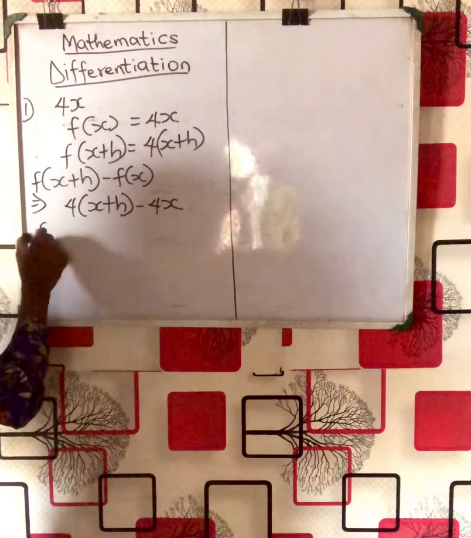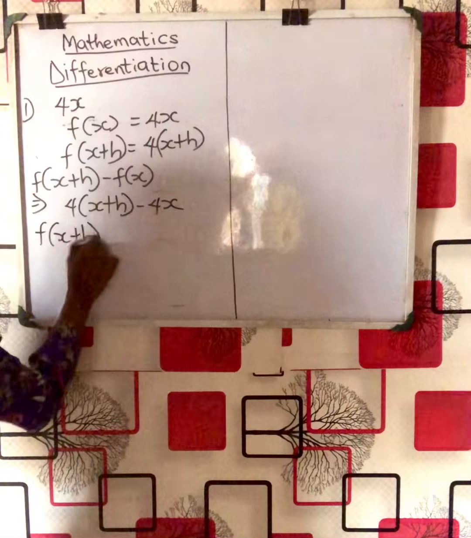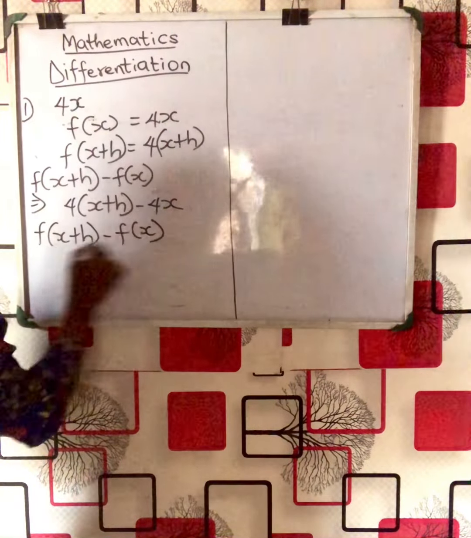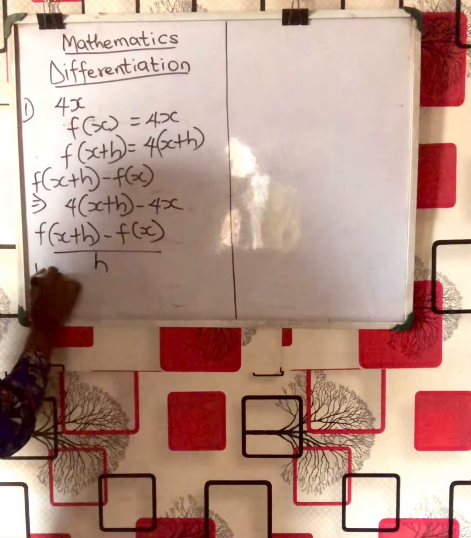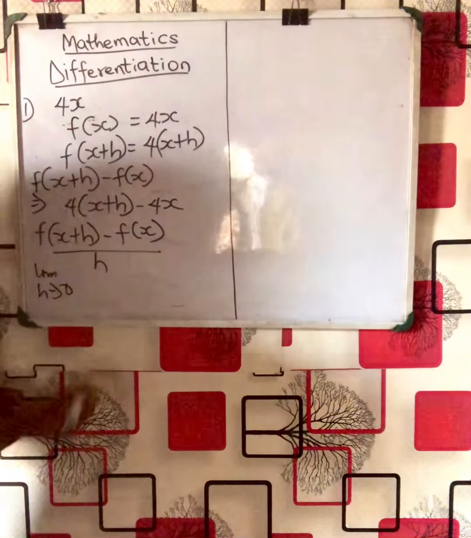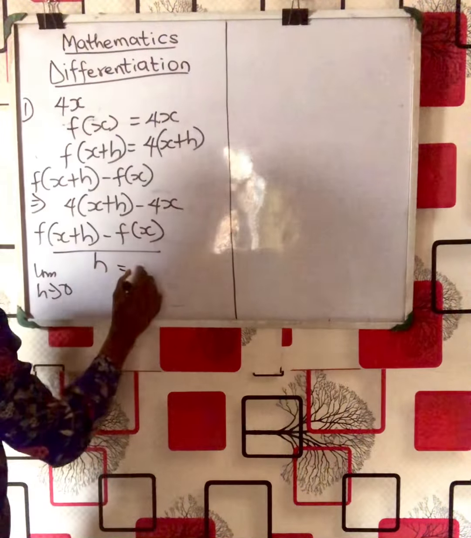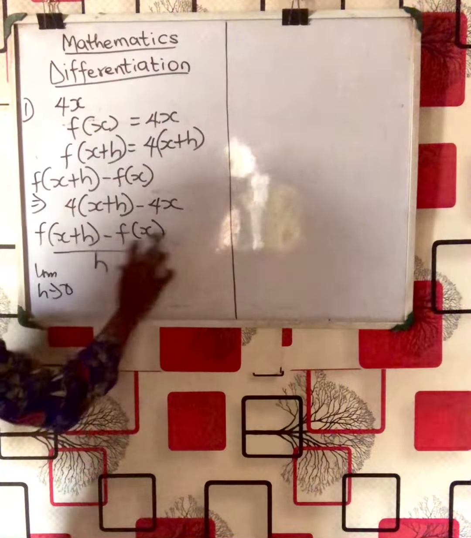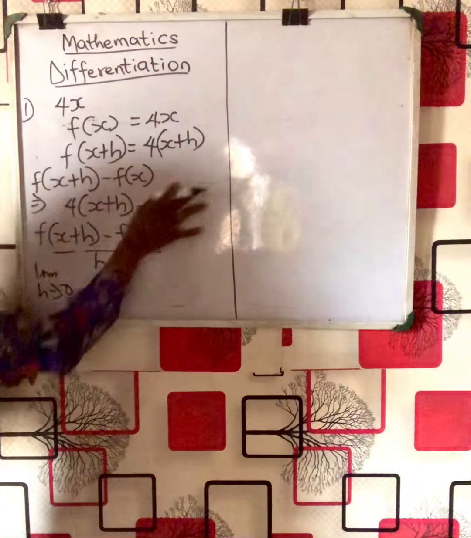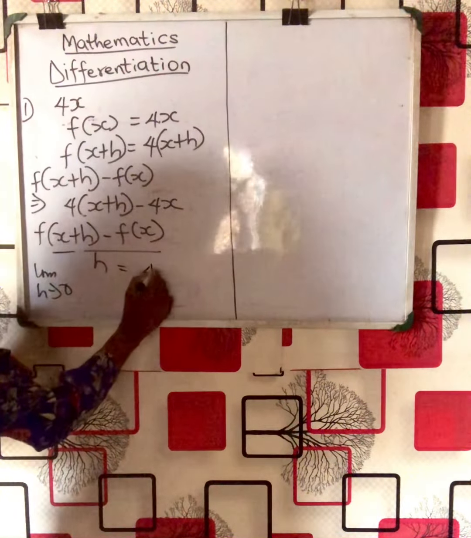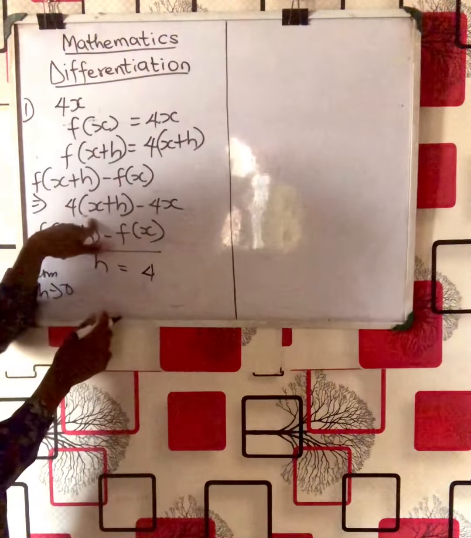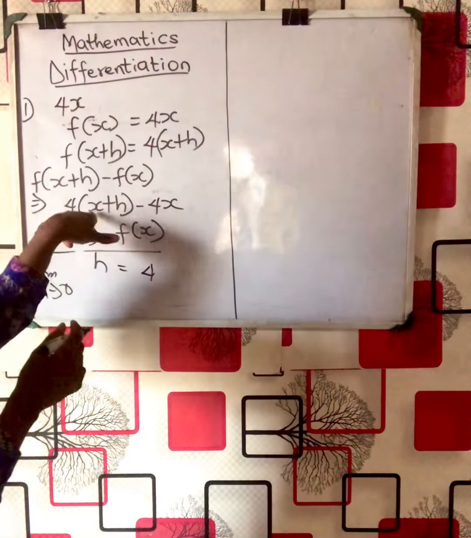Then we now do f of x plus h minus f of x all over h when it's limiting to 0. So this is already this, so we'll take it as 4, opening up this bracket. This is 4 into x plus h.